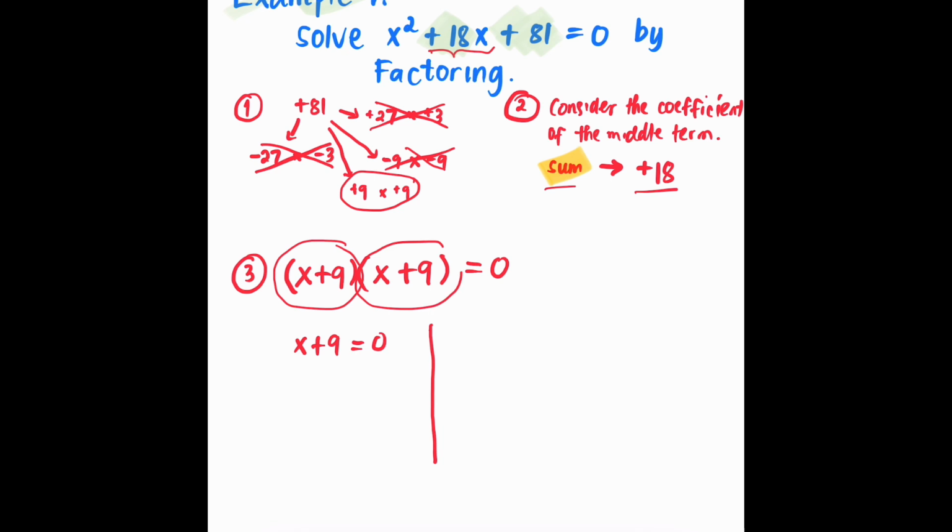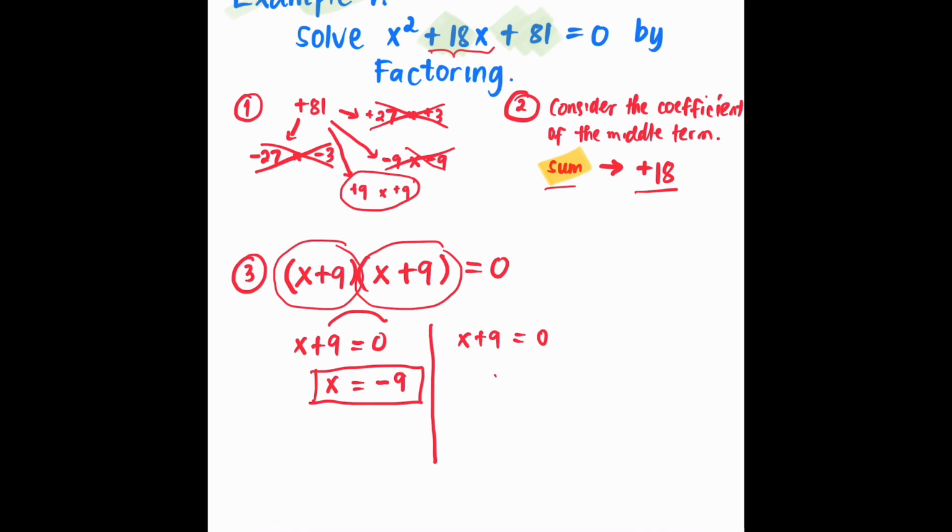And take the second factor, which is x plus 9, and equate it to 0. And then solve. So x equals positive 9 will jump over the equal sign. It will become negative. That's our first factor. First solution.